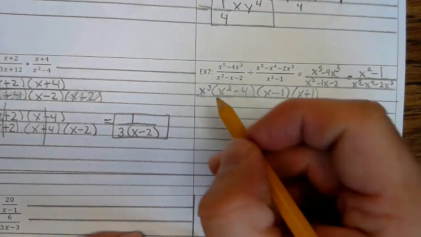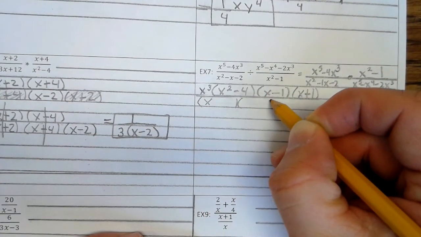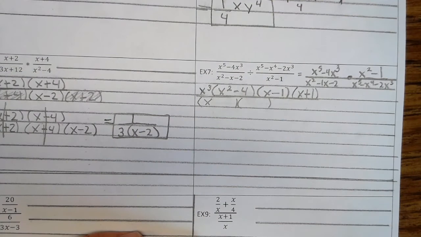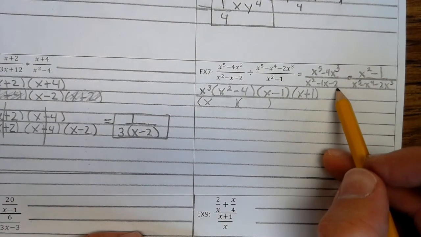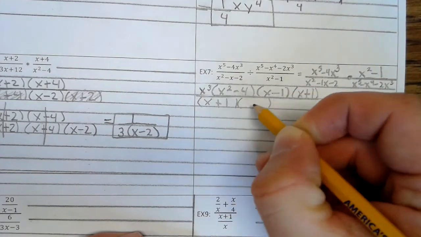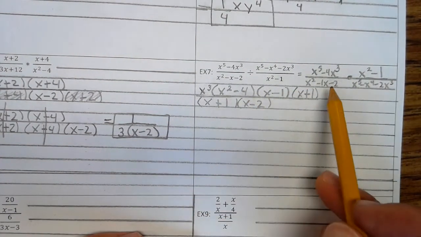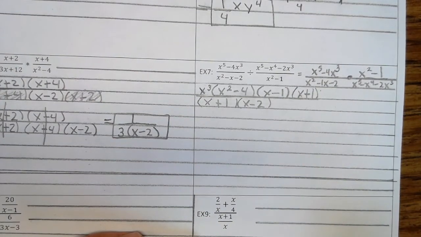And then this factors to become x and x. Now we know the only combination that makes negative 2 is 1 and negative 2. So that's going to be x plus 1, x minus 2. And we know this works because negative 2 plus 1 is negative 1. Okay?